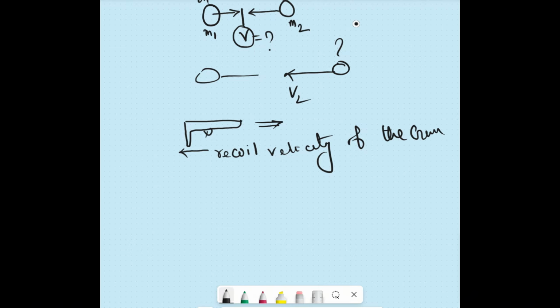In that case, the bullet has an initial velocity, say u equals 200 meters per second. Obviously the bullet has a mass and the gun also has a mass. And what is the recoil velocity? This can also be calculated by the law of conservation.